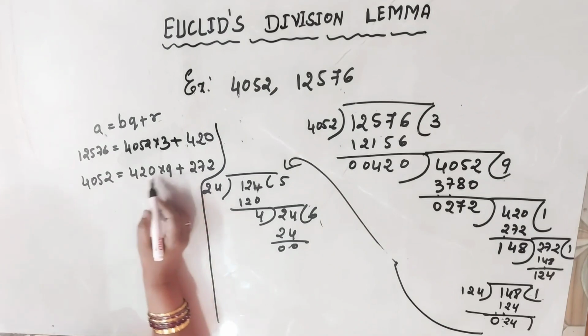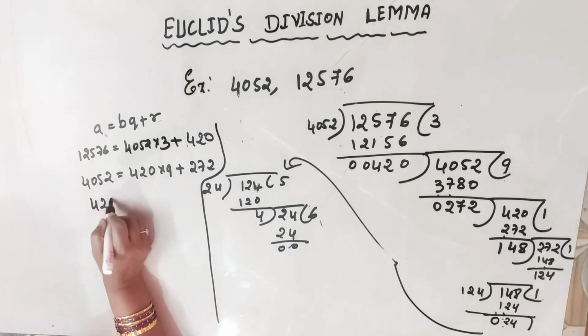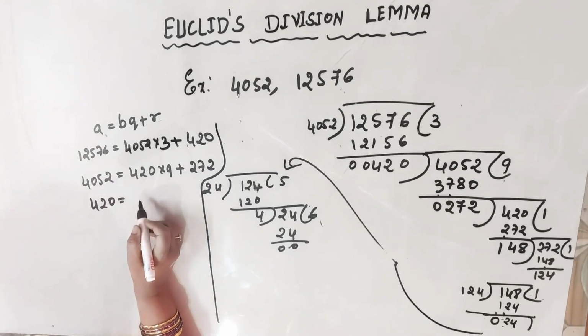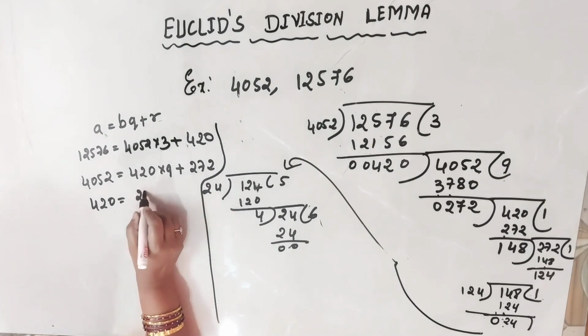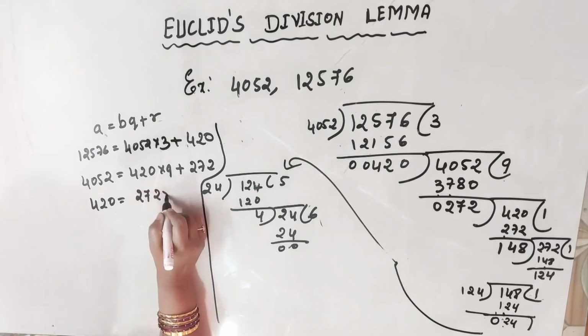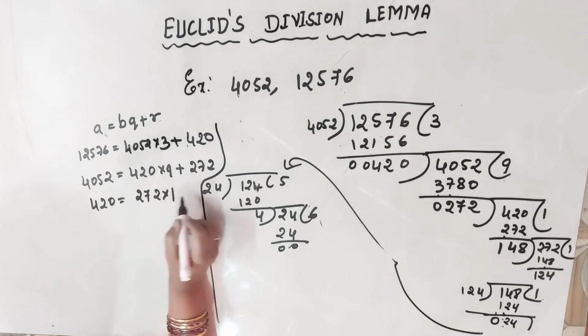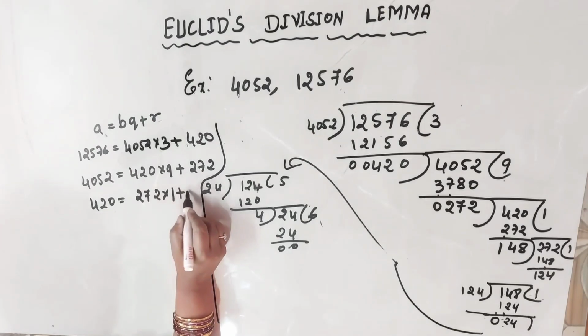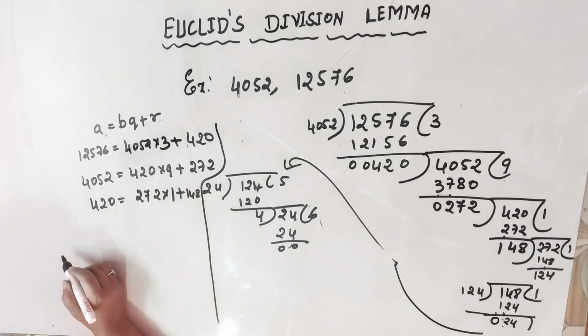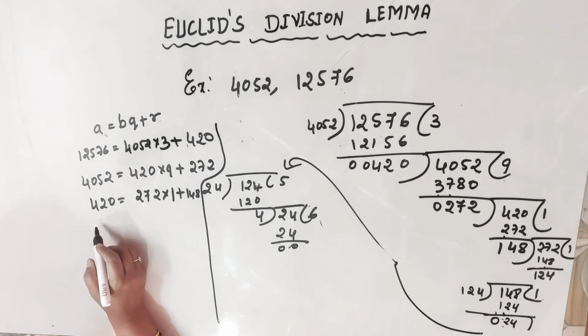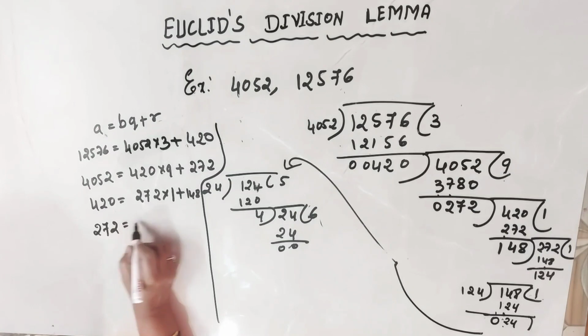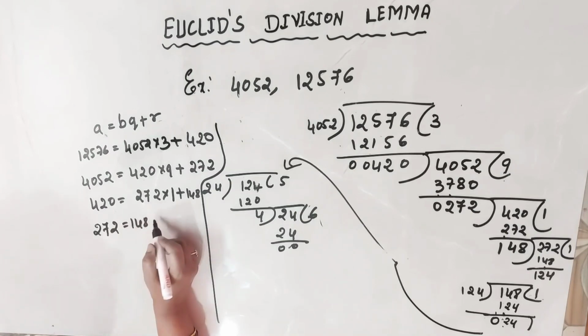So now here 420 will become the dividend. And what will be the divisor here? 272 is the divisor. And what will be the quotient here? 1. And what is the remainder there? 148. Okay. Now here 272 will become the dividend and 148 is the divisor. And what will be the quotient now? 1.